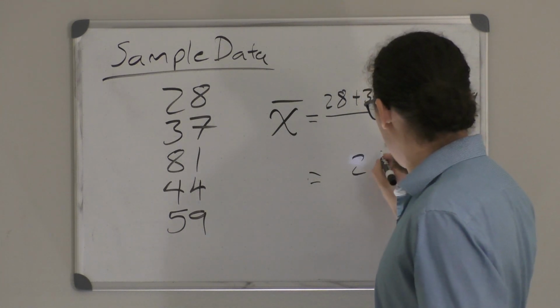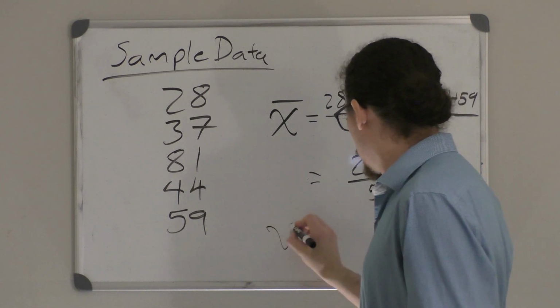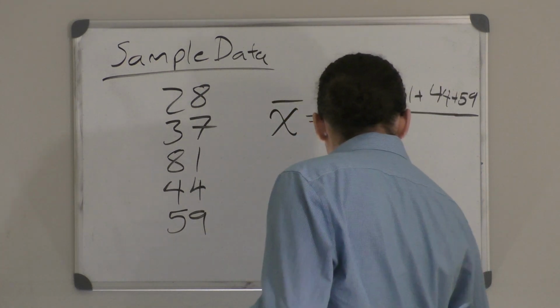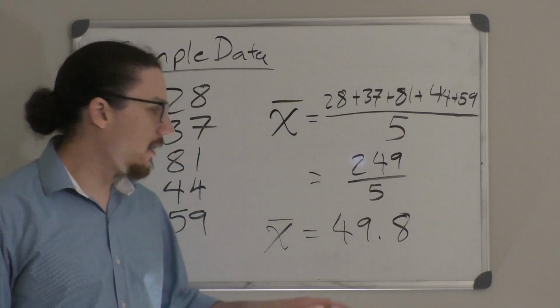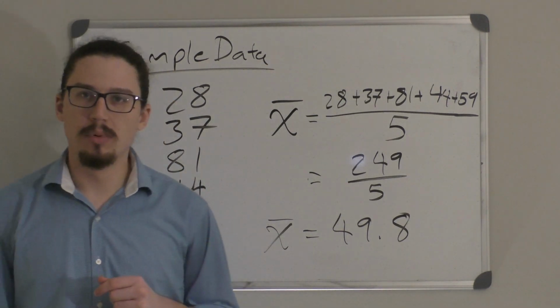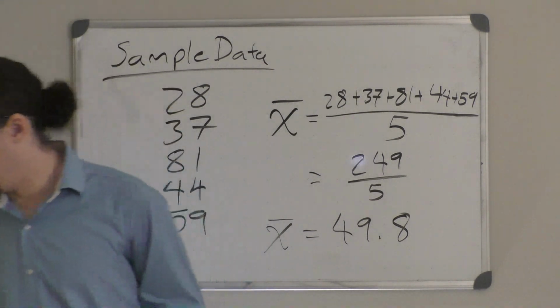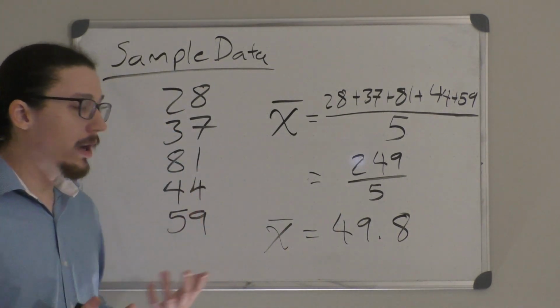So we count, we see that there are 5 of these. So we have 249 over 5, which gives us a sample mean of 49.8. And that would be our sample mean.